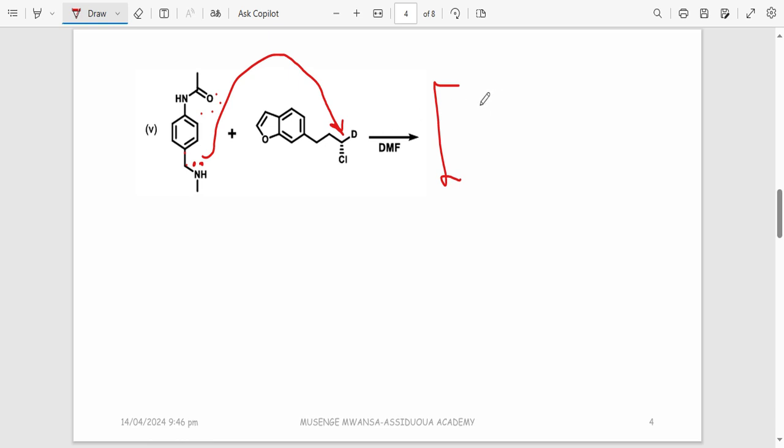So as this guy is going to attack, you'll not just end up with your product just like that. So here, remember this one is attacking this one here. How best do I even write it? Okay, let me write it like so. It is attacking. It is coming to attach on this carbon, which is like this, which has a D this side.